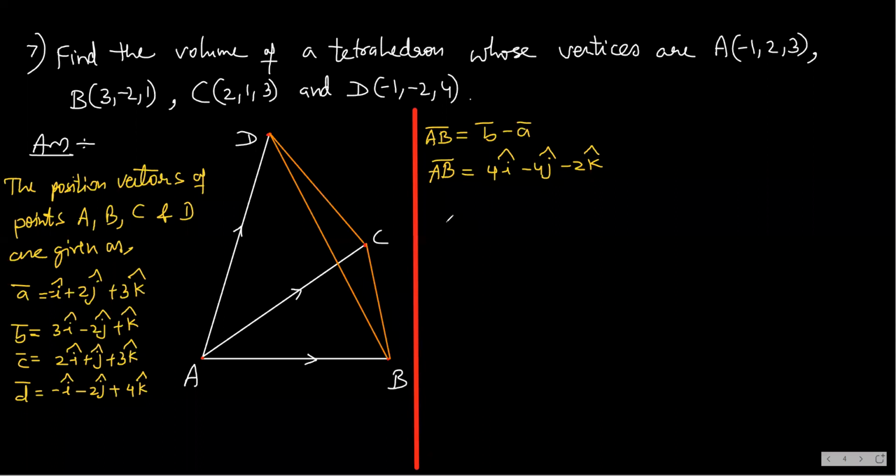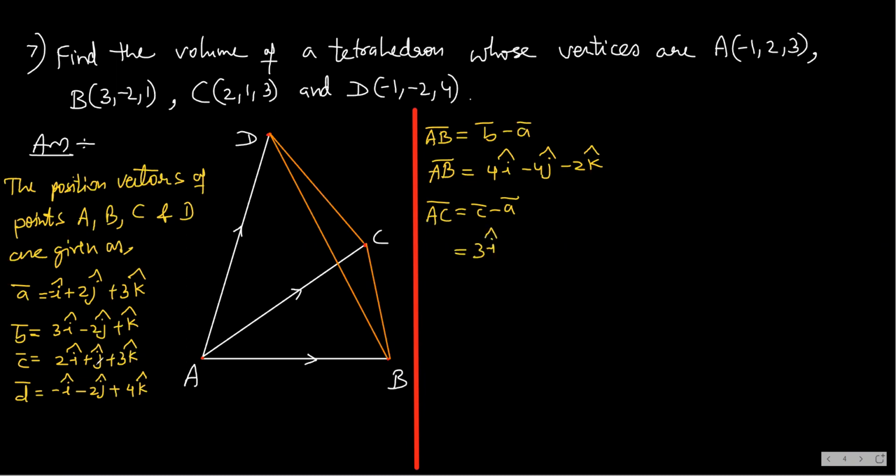Now I'll go for AC bar. What will you write for AC bar? AC bar is, as you know, C bar minus A bar. 2I cap minus of minus I cap, that is 3I cap.